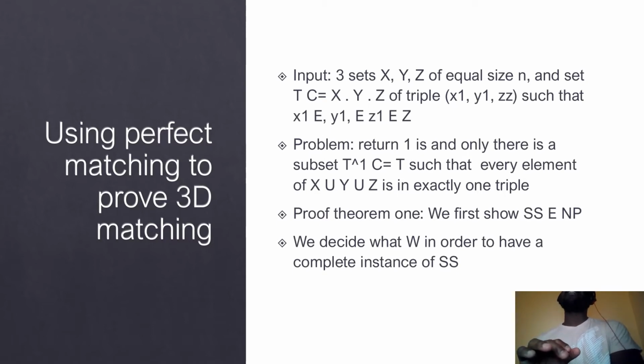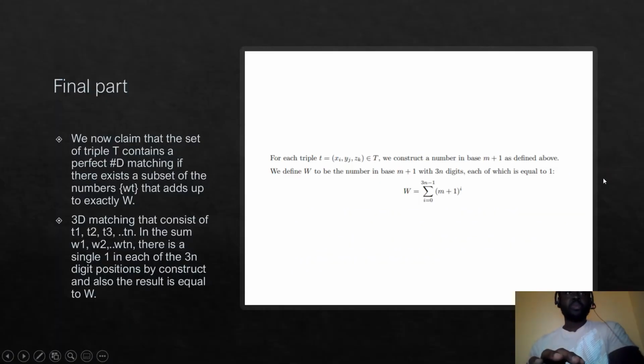This means given an instance X, Y, Z, T of 3DM, we construct an instance of SS, a set S and W, such that X, Y, Z has a 3D perfect matching if S has a subset that sums up to exactly W. So that is what we are going to use.